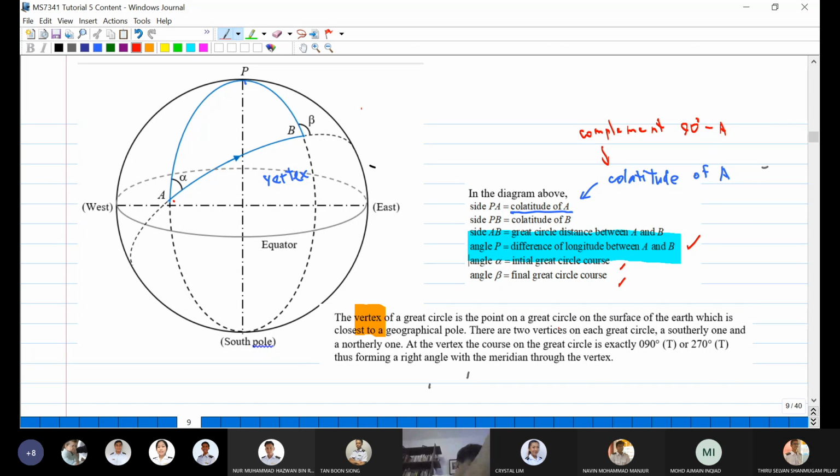If you join from angle P and go down, hitting 90 degrees, this is the vertex V. It could be the nearest point to the North Pole, or the nearest point to the South Pole. What is so good about 90 degrees is that you can use Napier's rule. Usually to find a vertex you need Napier's rule.